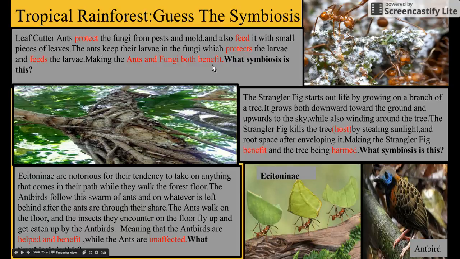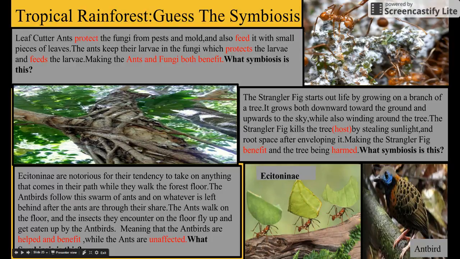For scenario number one, you notice that both organisms benefit, the cutter ant and the, what was the other organism we were talking about? Oh, the fungi. That would be mutualism. The next one we had done in class, the strangler fig, and this time it wasn't with the monkey that eats its seeds.